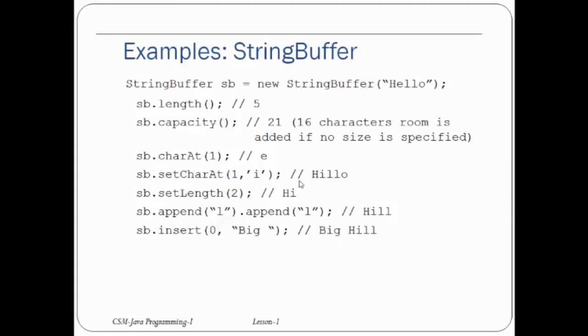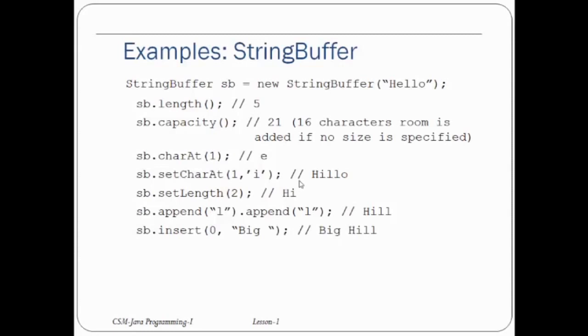Then charAt(1) will give us e. setCharAt(1, 'i') will change e to i. Then setLength(2) will make it "hi", because it has already become "hi" by now. So we have set the length to 2, so only 2 characters will remain. After that, we are appending l, and again appending l, so it will become "hill".